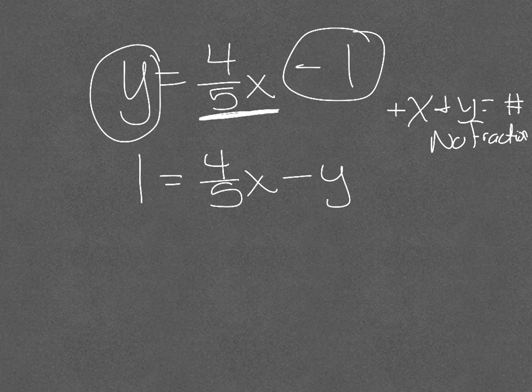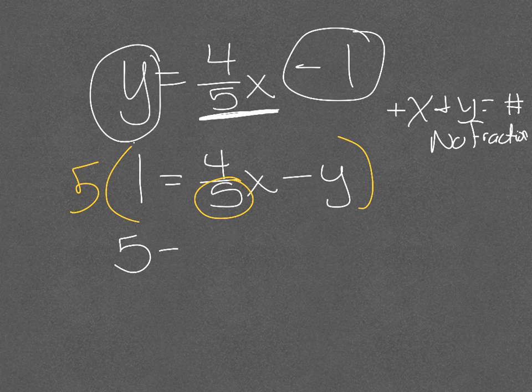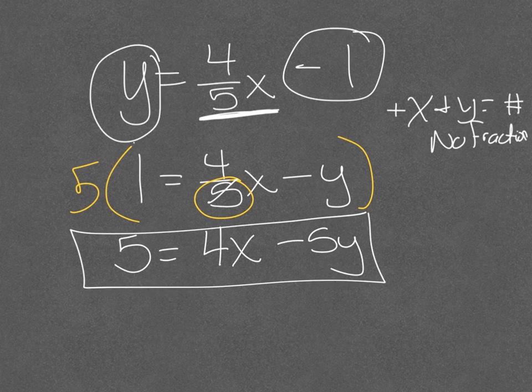Now, I don't like fractions in a standard form, so to get rid of the fraction, I'm going to multiply the whole problem by the denominator. So that's going to give me 5 times 1 is 5. 5 times 4/5, that cancels out the denominator and leaves the numerator. And 5 times negative y is negative 5y. So there's our standard form.